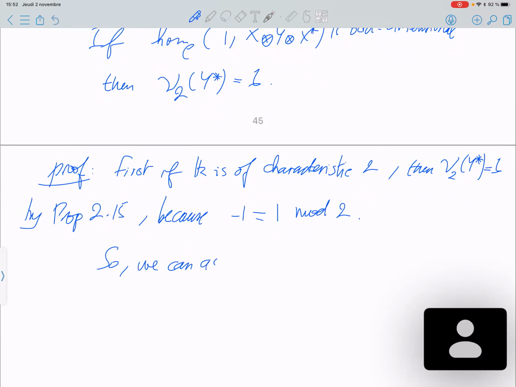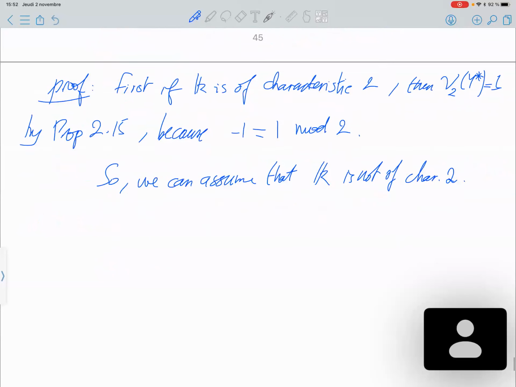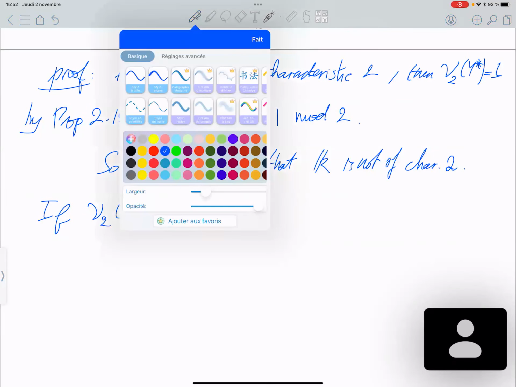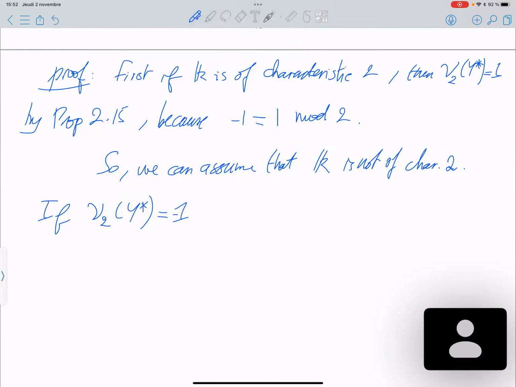So we can assume that the field is not of characteristic 2. Okay. So we will assume the second Frobenius indicator of Y star to be minus 1, and we will reach a contradiction.